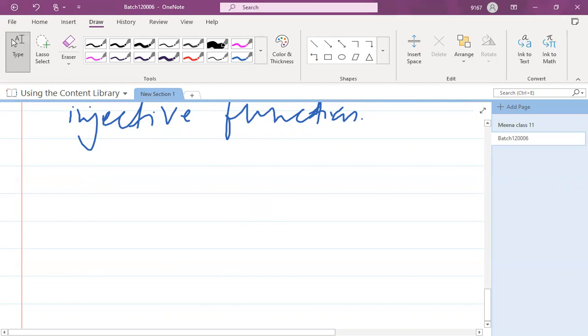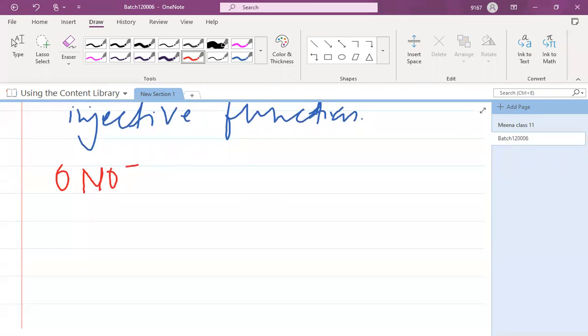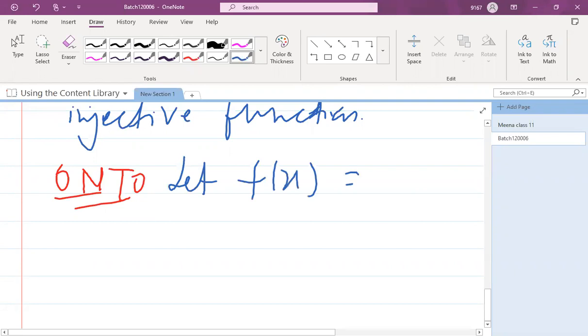Now for onto, let f(x) equal -2, because -2 belongs to R, but it is not possible because the value of the function is only between -1 and 1.